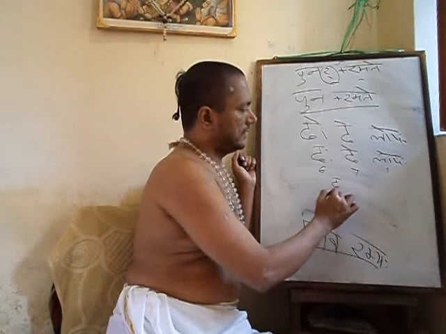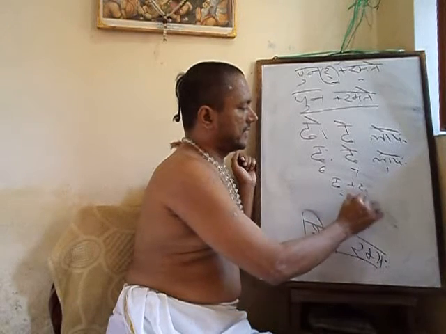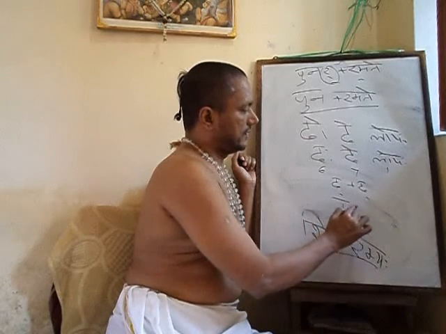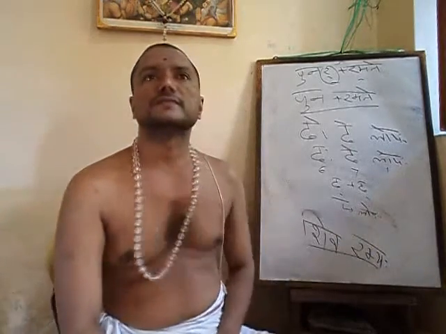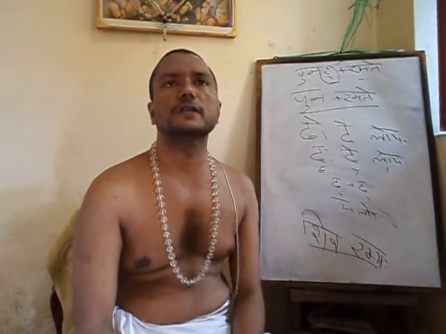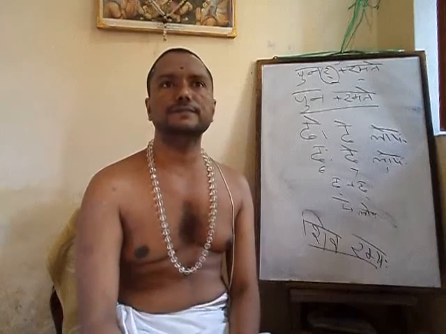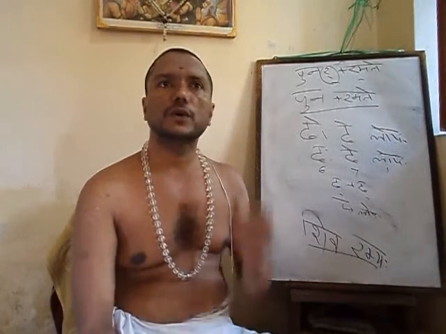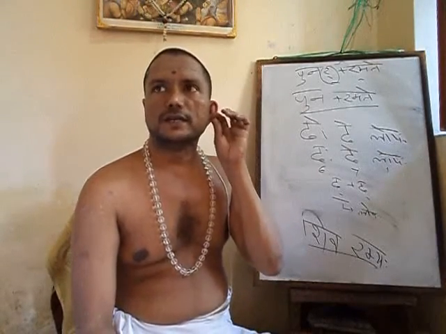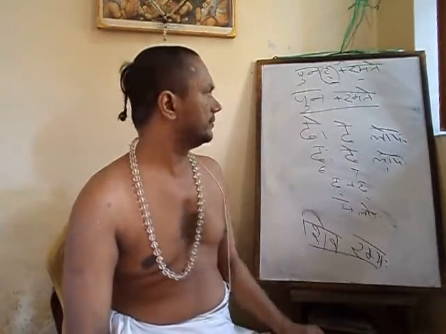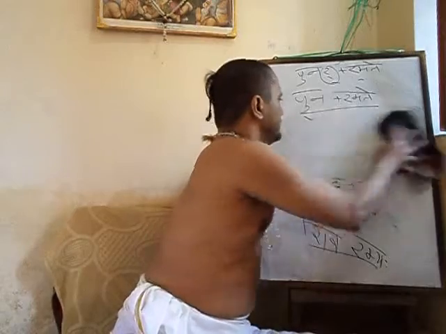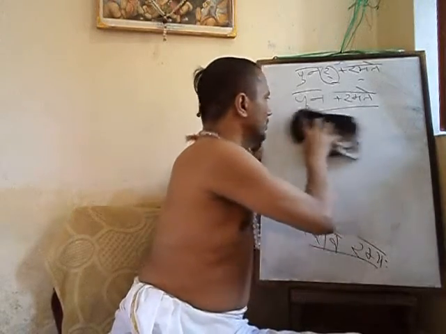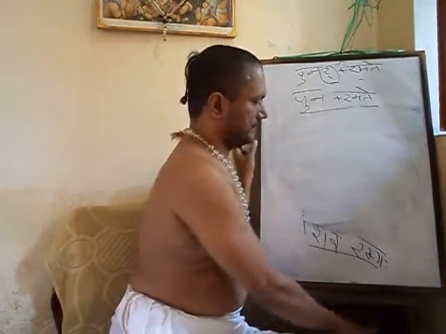Dakara, when followed by Dakara, one dakara becomes a lopa. One dakara gets a lopa. Okay, now this is similar to Rori. This is further. We don't need any example here. This is just to show what happens.